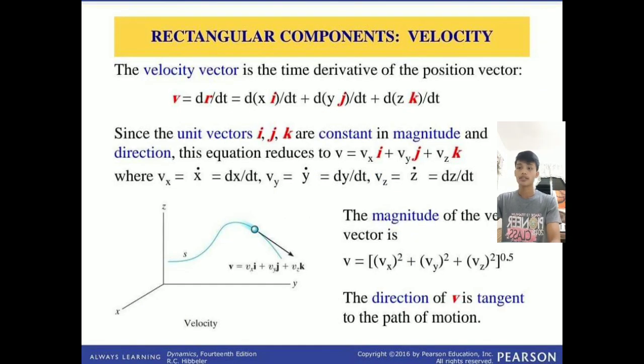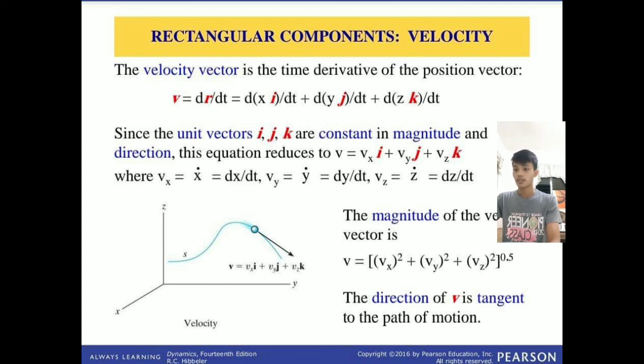The velocity vector is the time derivative of the position vector. v = dr/dt = (dx/dt) i + (dy/dt) j + (dz/dt) k.